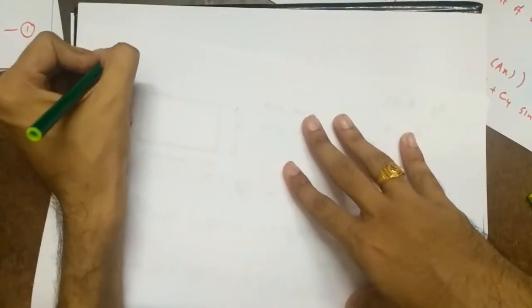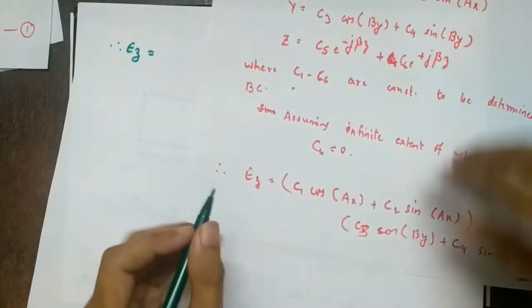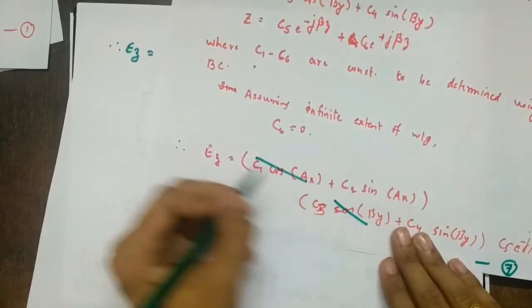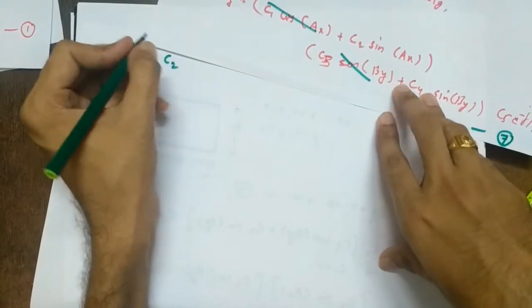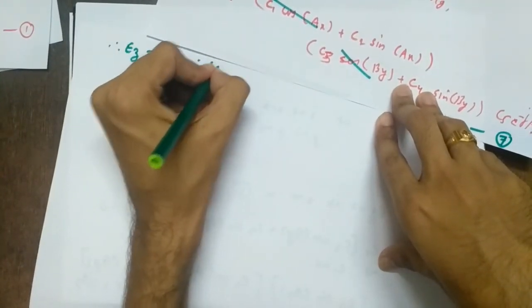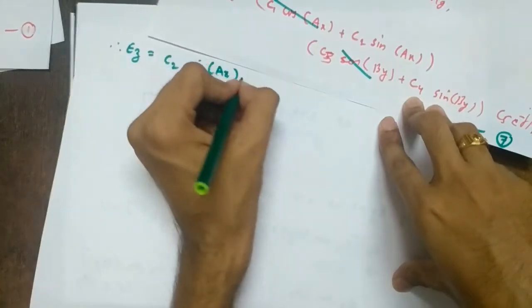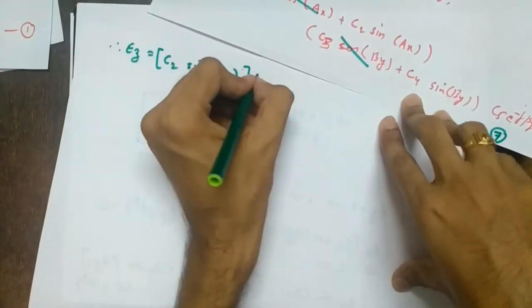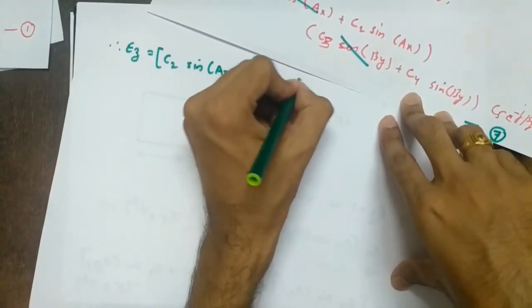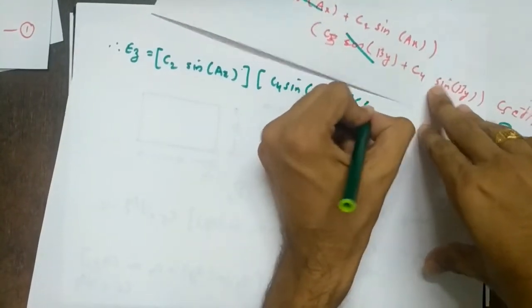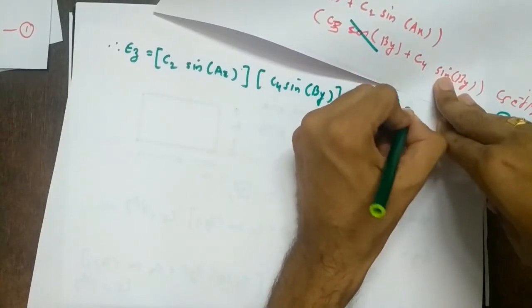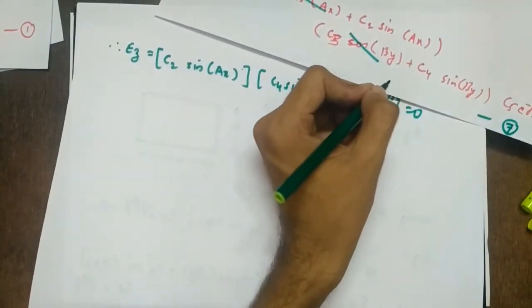So what will Ez become again? Therefore Ez equal to, what is happening? C1 was 0, C3 was 0. So C2 sin of Ax into C4 sin of By into C5 e raised to minus j beta z.